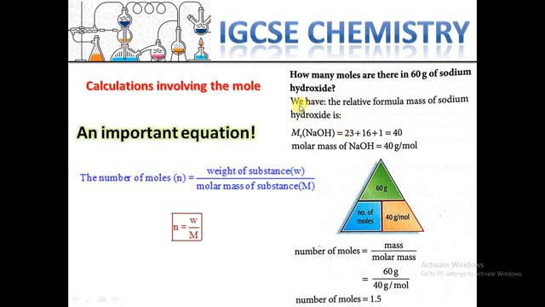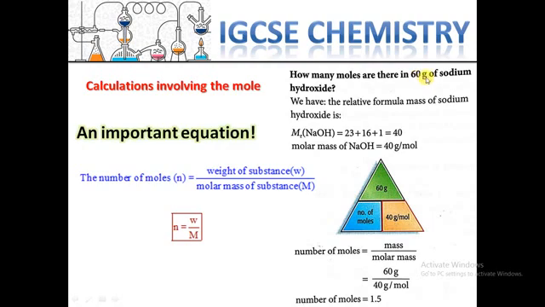So the question is how many moles? That means this one. This is the question. We are looking for the number of moles. The question asks us how many moles. So we have this M. We can calculate it as we learned previously. And W, weight of substance, the question gave us here 60 gram.